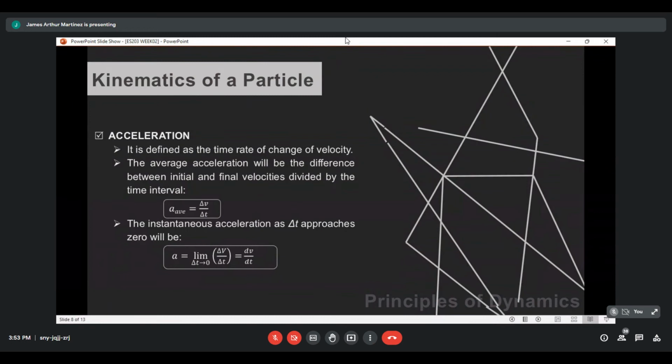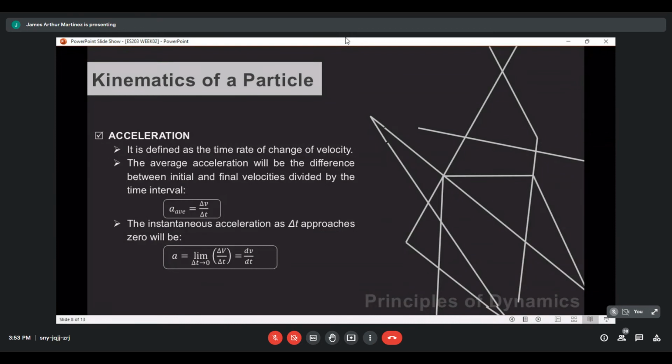So if you have velocity, you derive it to get acceleration. You can use calculus, or differential calculus, to compute acceleration, velocity, and displacement. That's how powerful the definitions of displacement, velocity, and acceleration are.